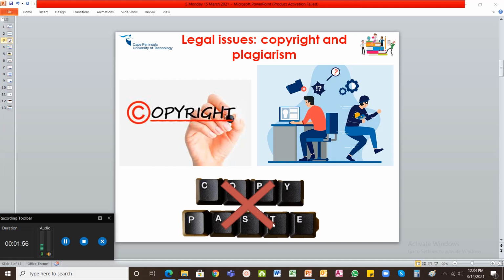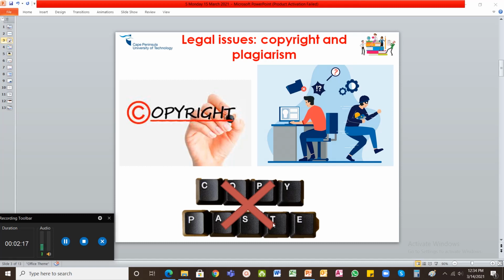Maybe you've heard of the word copyright in relation to CDs or movies. Now, copyright also applies to academic research, in terms of ideas and words written by other researchers that you wish to use in your assignment.